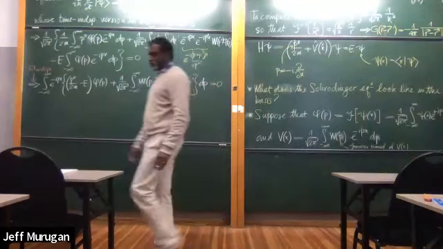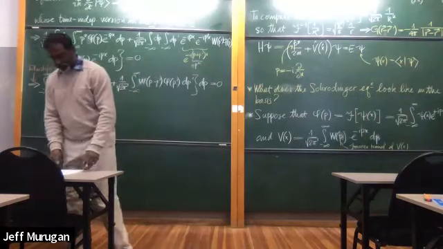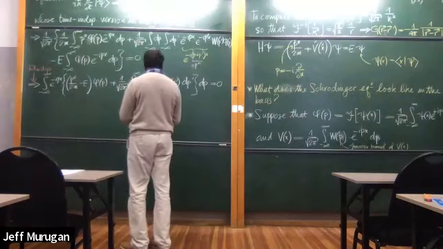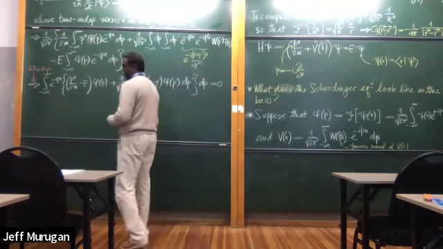Well, the only way that this is equal to 0 for all values of x is if the thing in curly brackets is equal to 0.